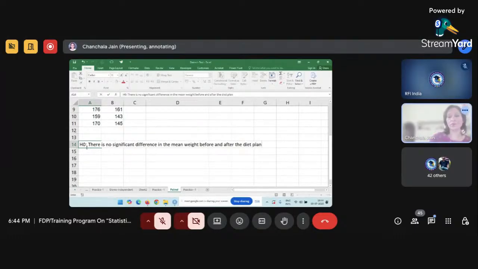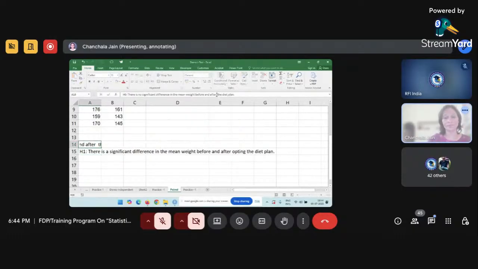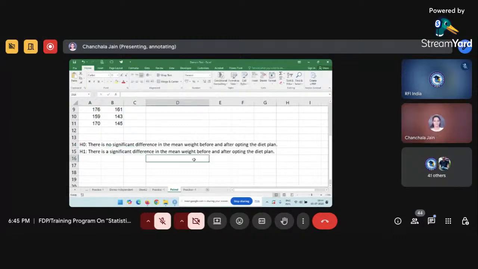Up to you, whatever is easier for you to write or understand, that way you can write. Alternatively, there is a significant difference in mean weight before and after opting for the diet plan. Fine. So the null and alternative hypotheses have been written.